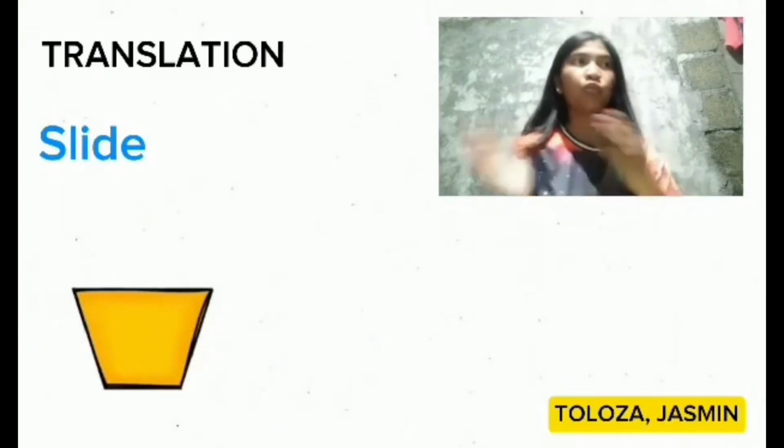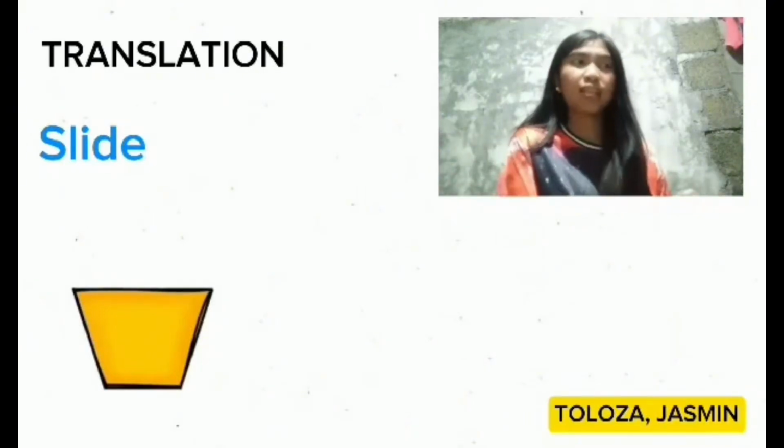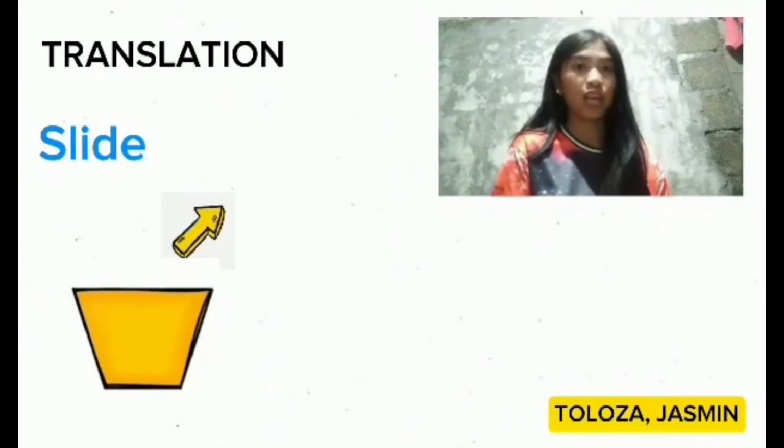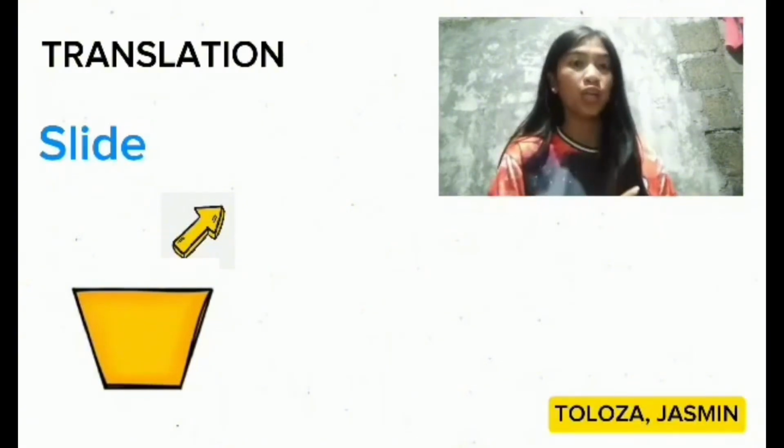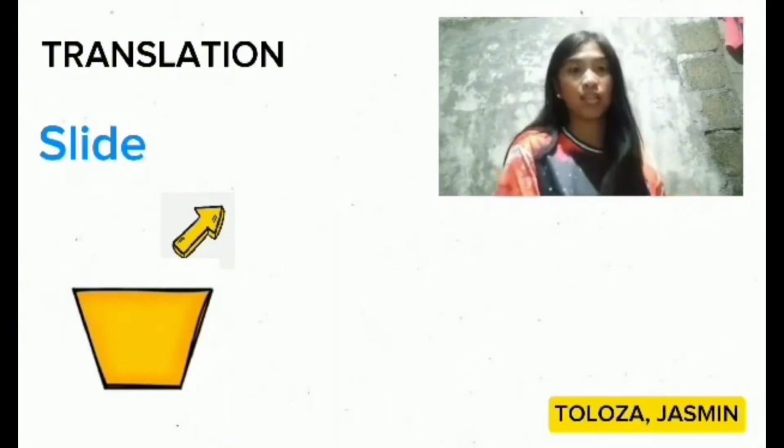First one is translation. Translation is a movement or slide of a shape from one place to another. It's like sliding a shape across a piece of paper. To translate a shape, you need to know the direction and the distance of the movement.